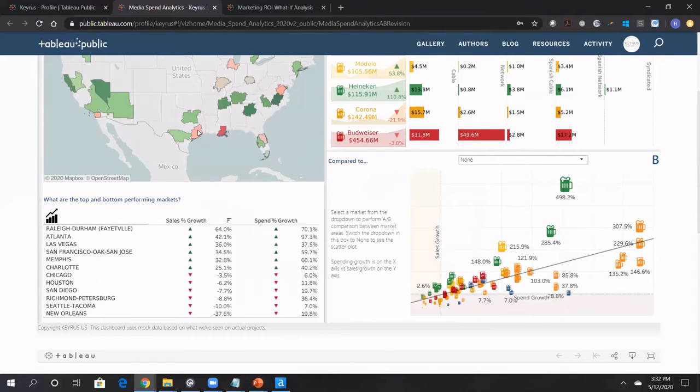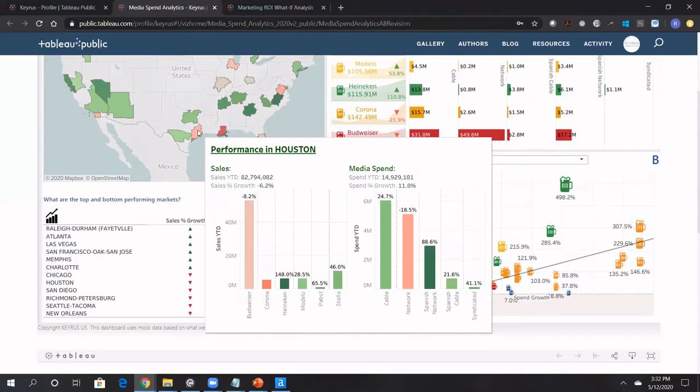Whereas its neighboring region of Houston is also down in Budweiser, down overall 6%. Corona's down, and the rest, Heineken, Modelo, and Stella, is growing at comparable rates. So what's happening to Corona in Houston to pull down this market compared to Dallas?